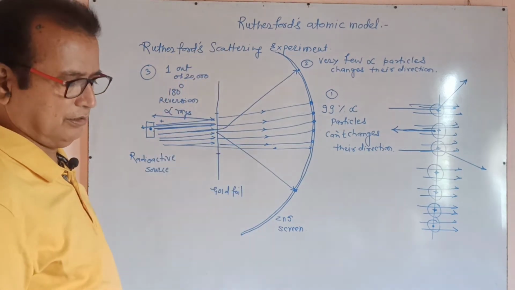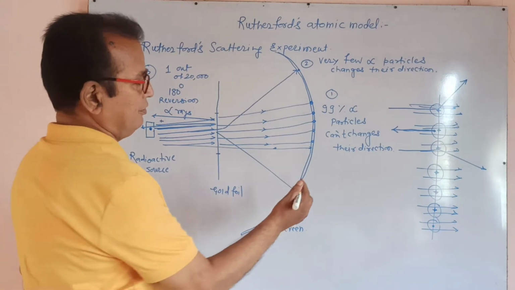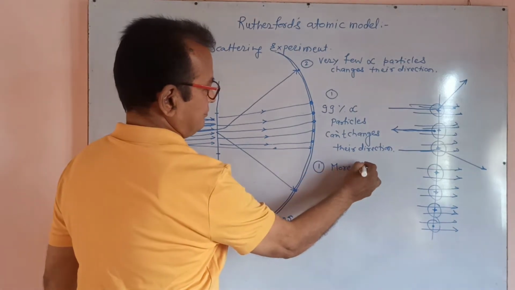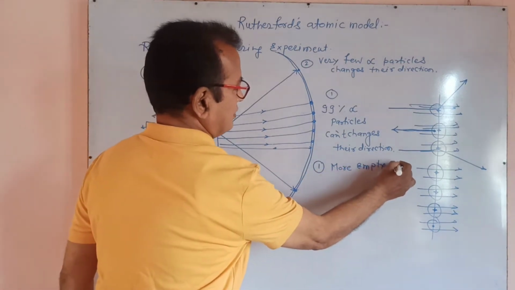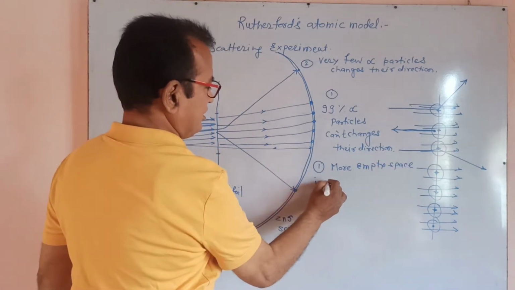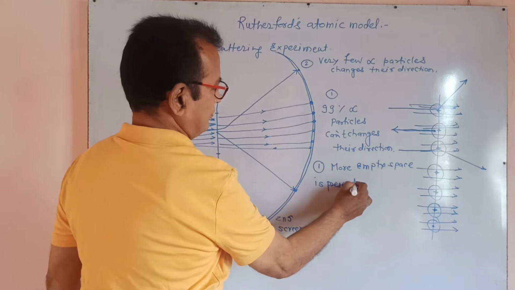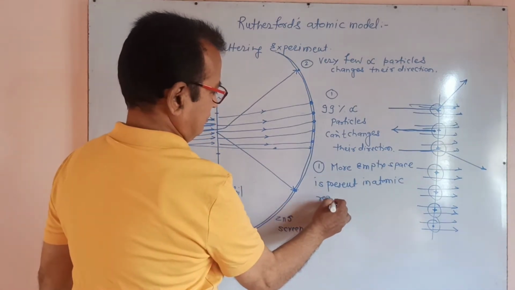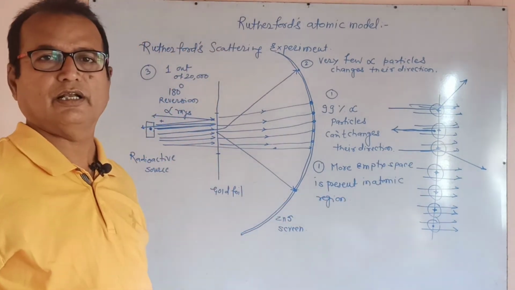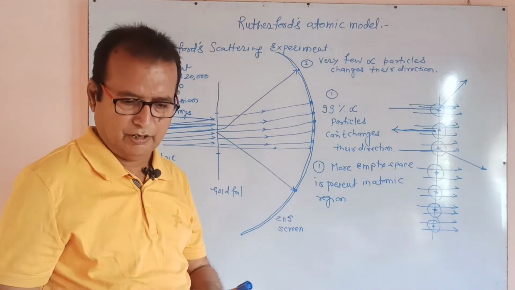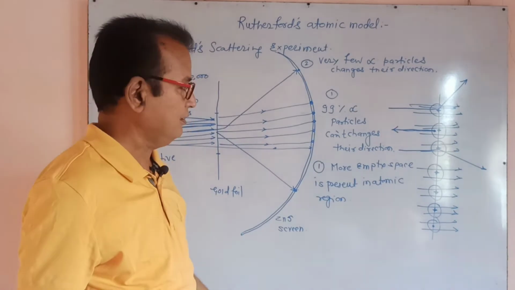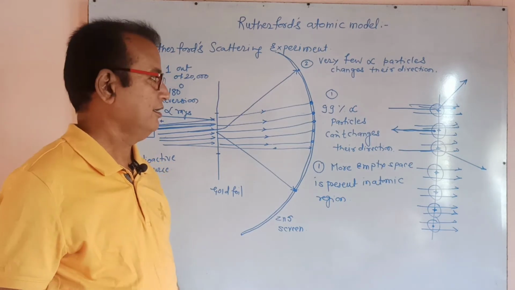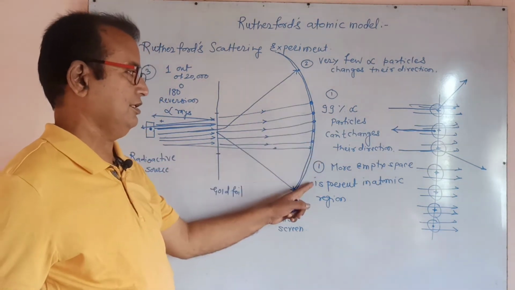The first conclusion, after the observation, is that more empty space is present in the atomic region. There is a lot of empty space availability in the atomic region, and due to this nature we come to that conclusion. According to this observation, it is my first conclusion.